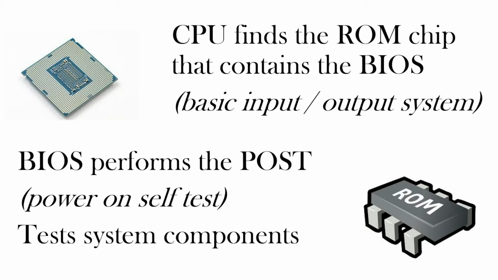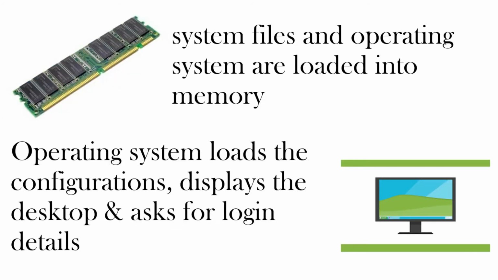Now that performs a test called a power-on self-test. What the BIOS does is check that all the components are working correctly. So when you switch your computer on, is everything going to run okay? Then the system files, the operating system, are loaded into memory so your computer can run how you wish.